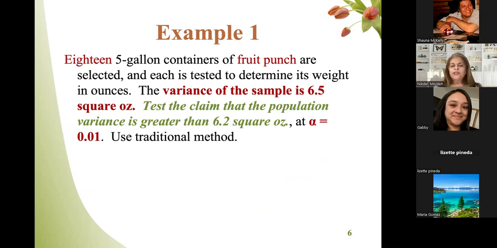Test the claim that the population variance is greater than 6.2 square ounces at alpha equal to 0.01. Use the traditional method.